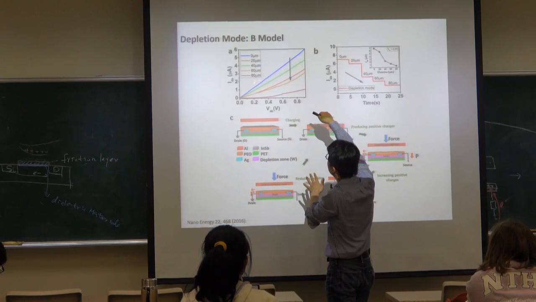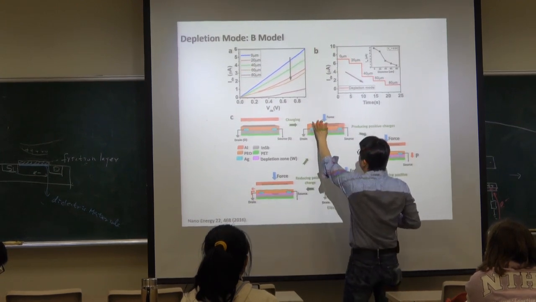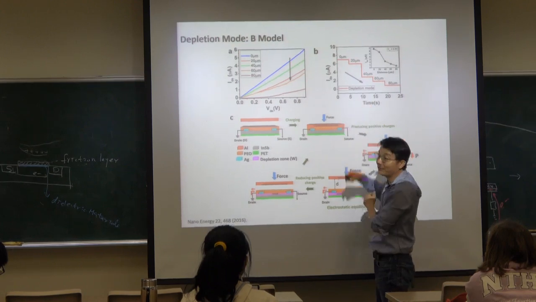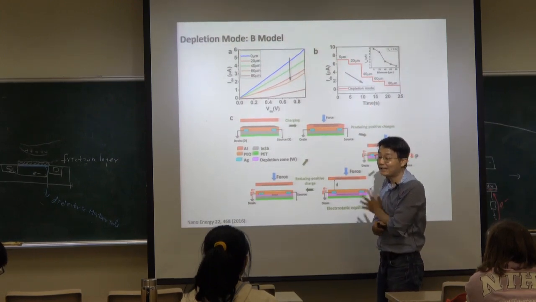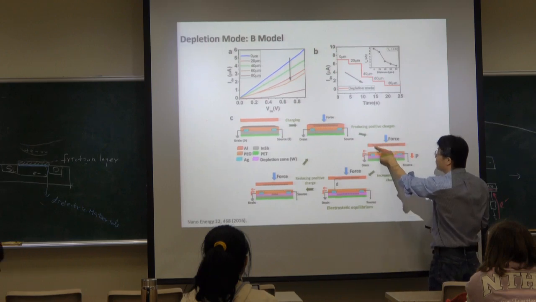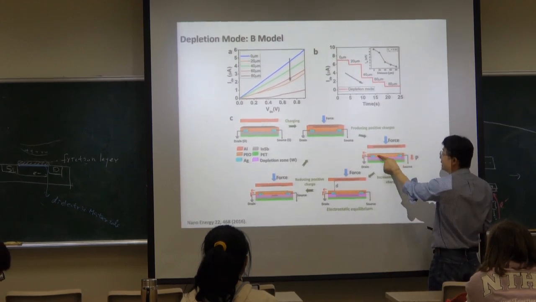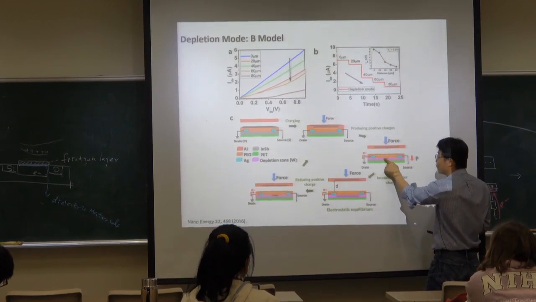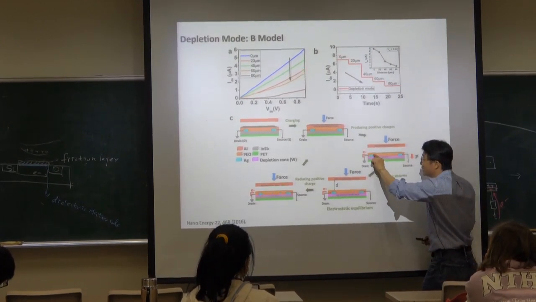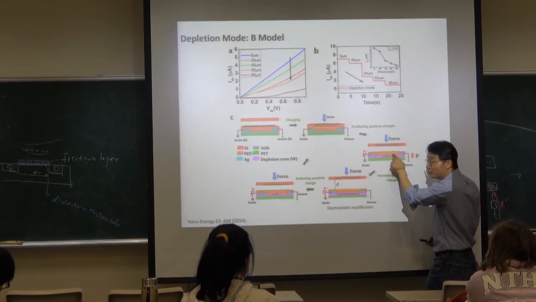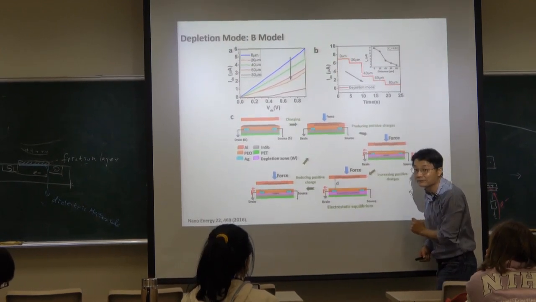Next, once you increase the distance, the IDS drops. Why does the IDS drop? Because this is positive and this becomes negative, so in order to maintain this part's charge neutrality, the electron must flow out. Therefore the InSb should be carried by positive carriers.